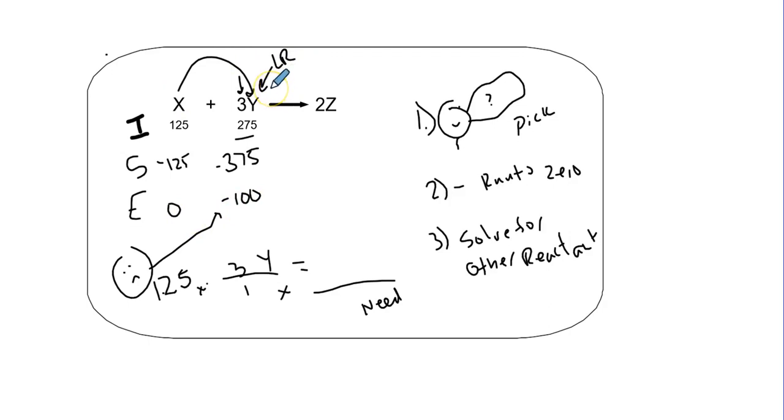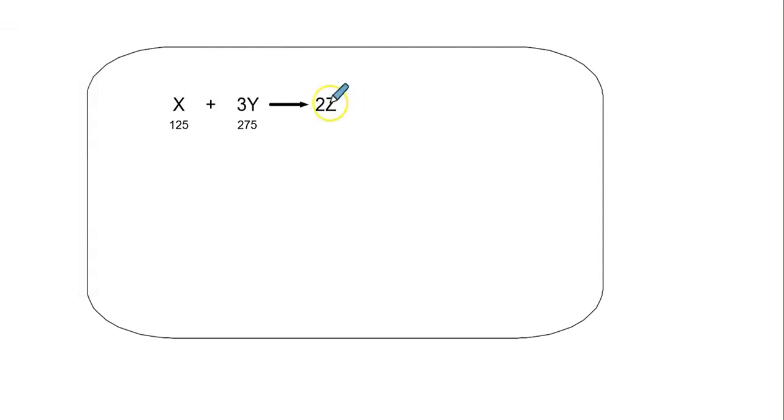Okay, now, from this point, you should be pretty confident that you know the limiting reactant. This is my limiting reactant. And if your goal was just to figure how much Z you're going to get, then you could just simply do this, here to here. Let's do that. 275 Y's.